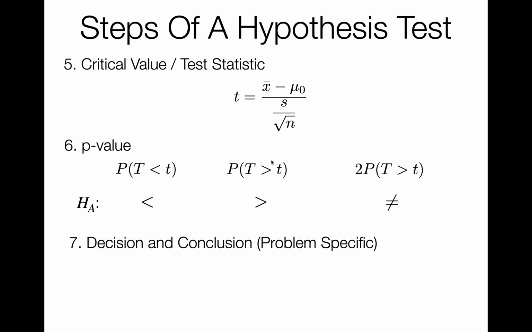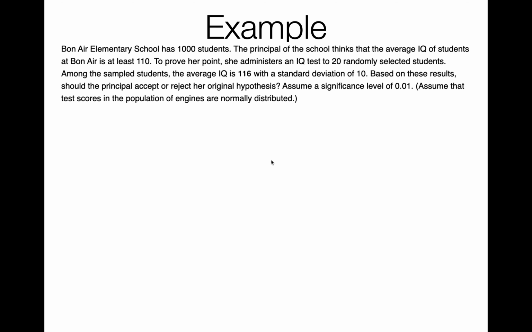So let's do an example, and I'll show you how to use StatCrunch during this example. Bon Air Elementary School has 1,000 students. The principal thinks that the average IQ of students at Bon Air is at least 110. To prove her point, she administers an IQ test to 20 randomly selected students.